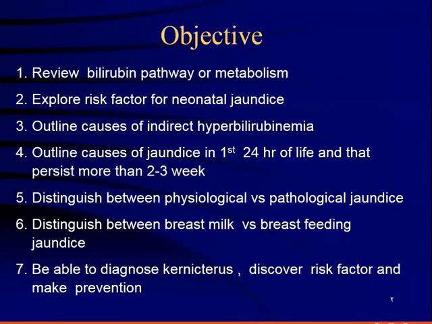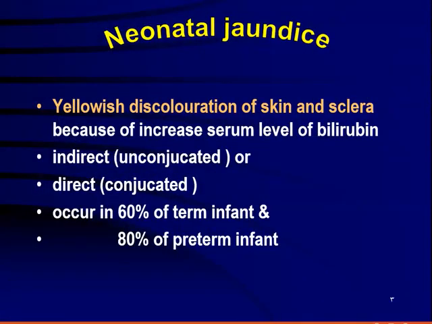Also to distinguish between physiological and pathological jaundice, distinguish between breast milk jaundice and breastfeeding jaundice, and be able to diagnose kernicterus and discover the risk factors and the prevention.